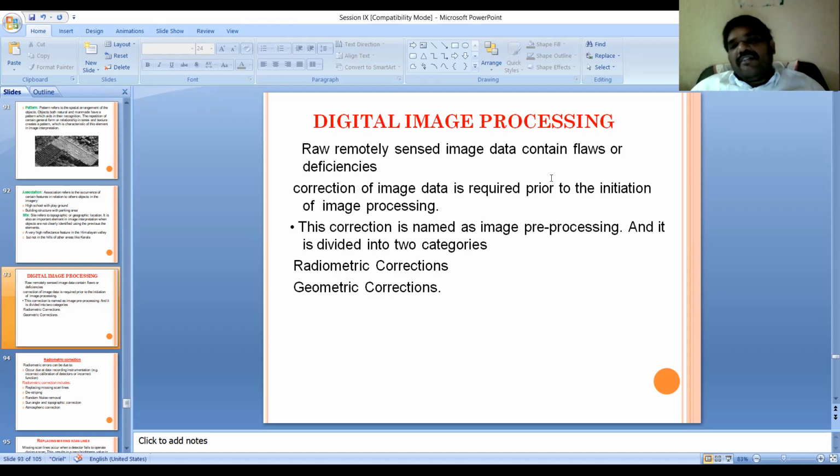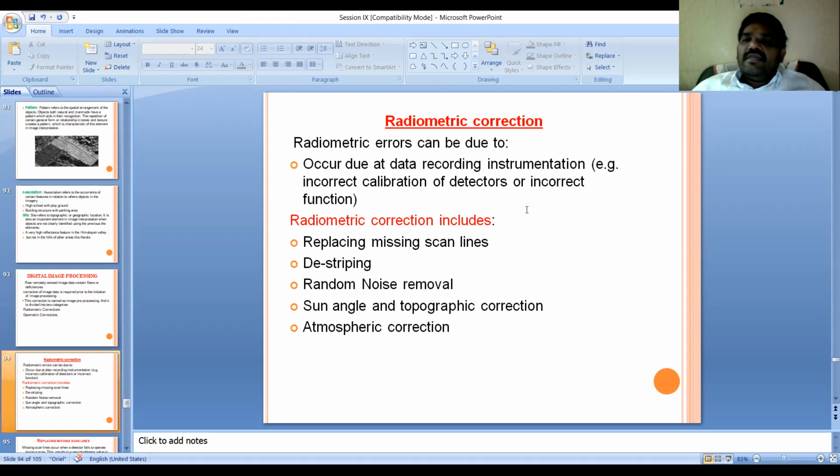The whole process of pre-processing of digital images can be categorized into two steps: correction of radiometric errors and correction of geometric errors. The question is, what is radiometric error? What is radiometric correction?